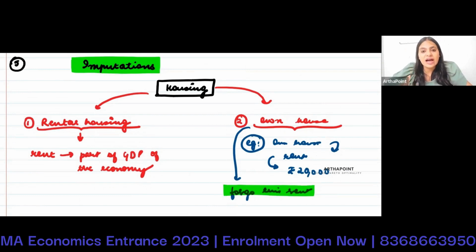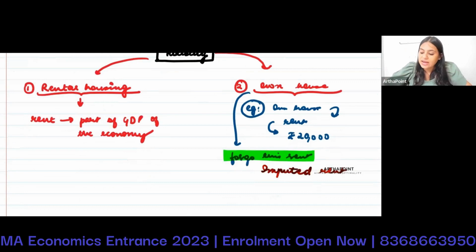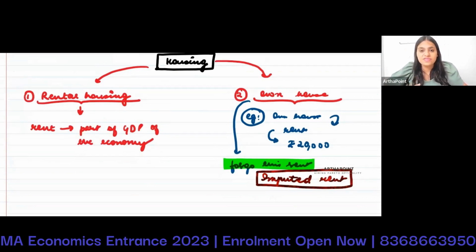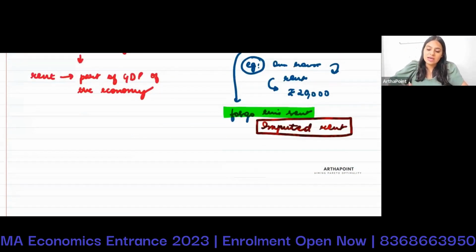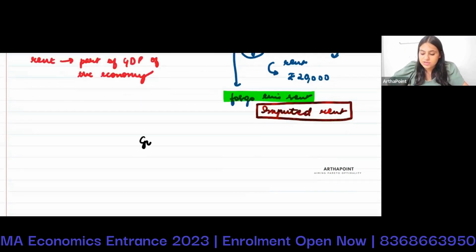So the money that I could have earned becomes my imputed rent. And I must include this imputed rent as part of GDP of the economy. So in case of housing, whenever a rent is involved, imputed rents are in fact part of GDP of your economy. The second example is government services and goods also, in fact.